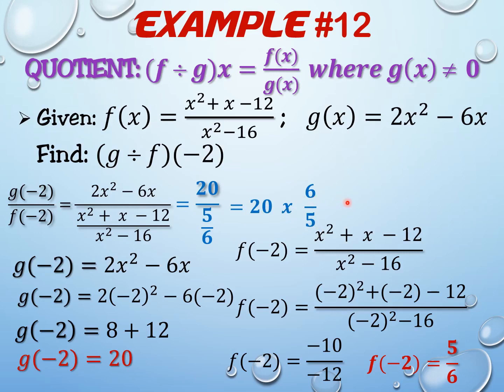And the final answer will be 24. Therefore, g divided by f of -2 is equal to 24. Is that clear? I hope everything is clear to you. If you have any questions, just go back to the video and rewatch it.